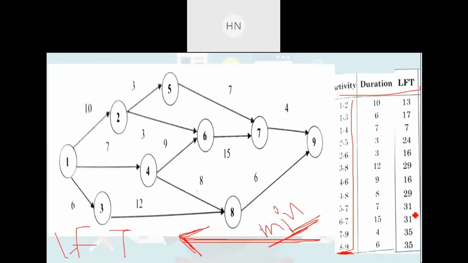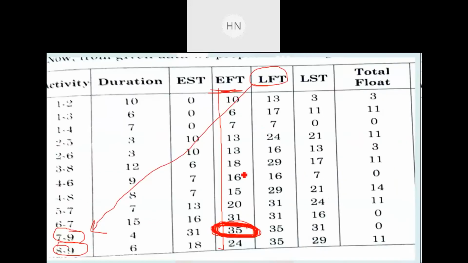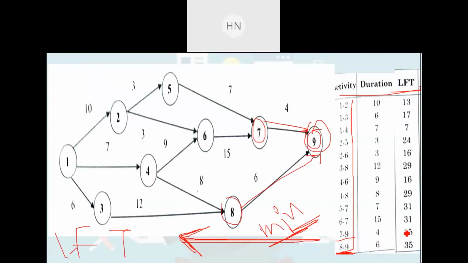As you can see here, this is the 7 to 9 activity and 8 to 9 activity that are merging on the last event. So for this last and second last activities, the latest finishing time will be the maximum time from the earliest finishing time. The maximum time is 35. So for both last two activities, the latest finishing time will be 35 and 35. You can see here, right?